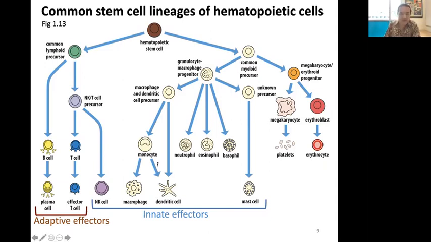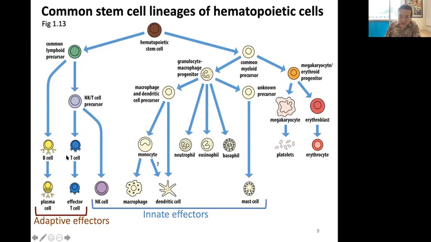So B cells become plasma cells, and they make free-floating versions of these Y-shaped things that we call the antibodies. And those antibodies are the wanted posters that we've been talking about when we were using our story of good clown and bad clown, right?